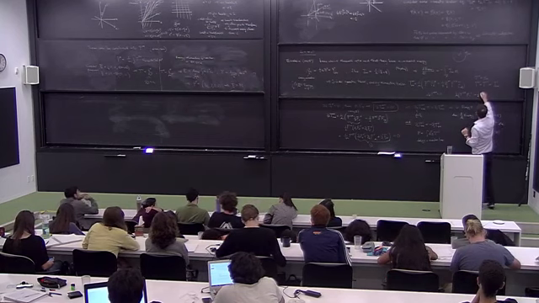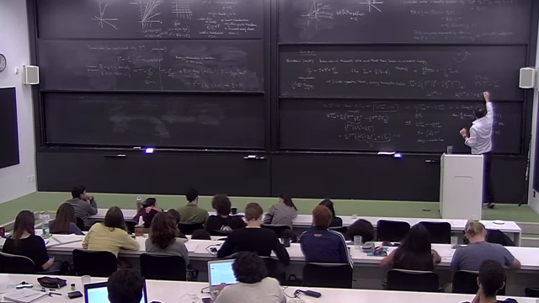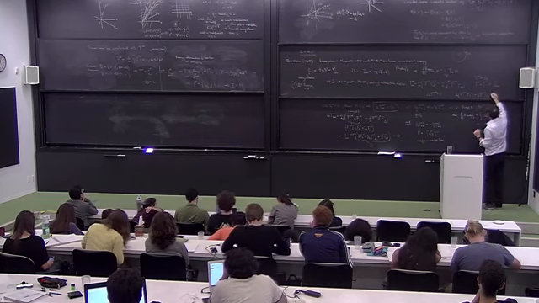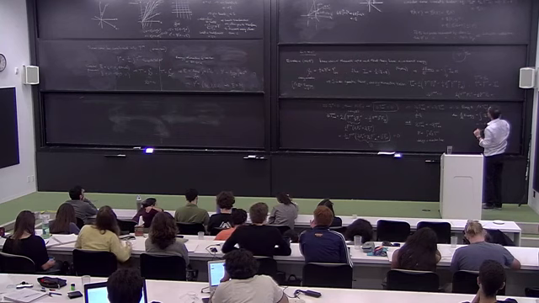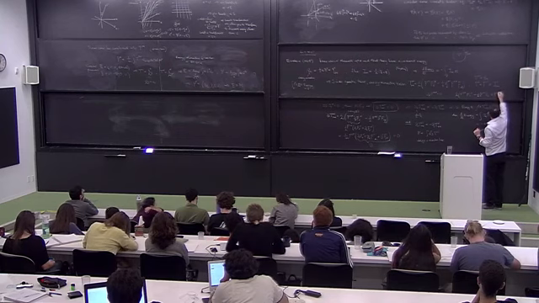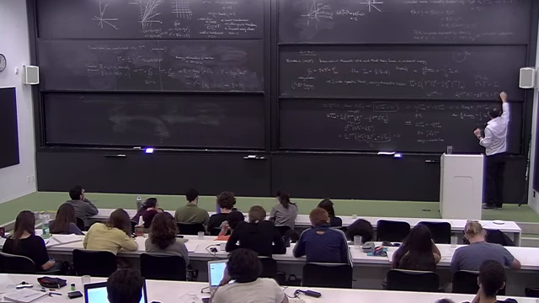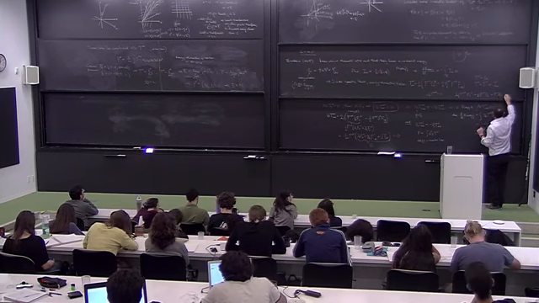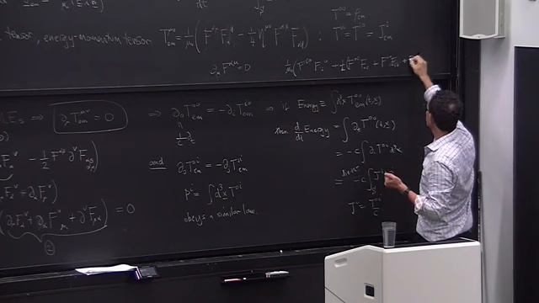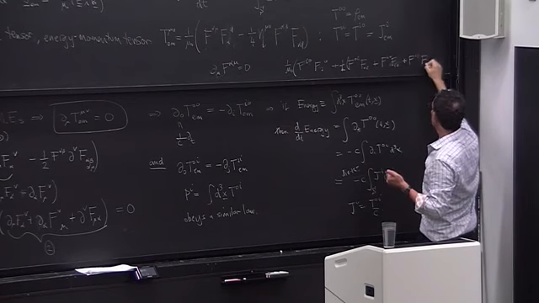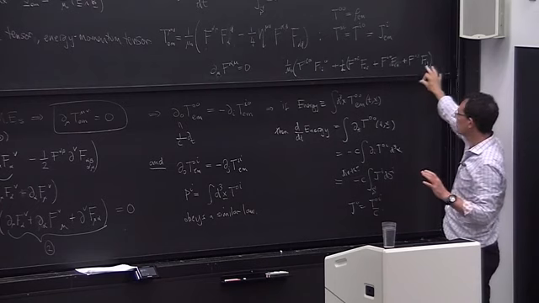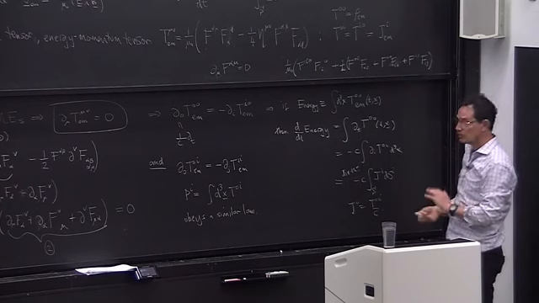And then here I have F0i, F0i, and then I have Fi0, Fi0, and then I have plus Fij, Fij. These are all possible indices that will give non-zero results.